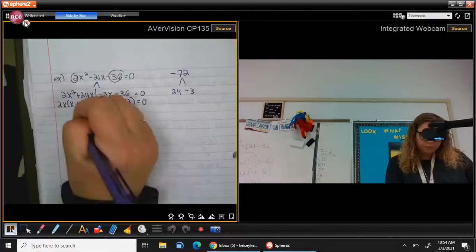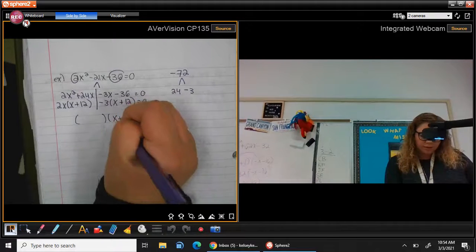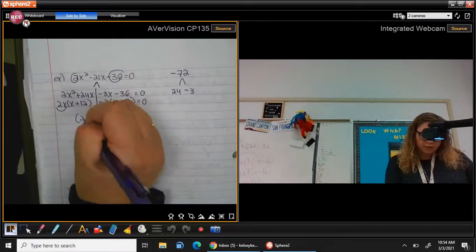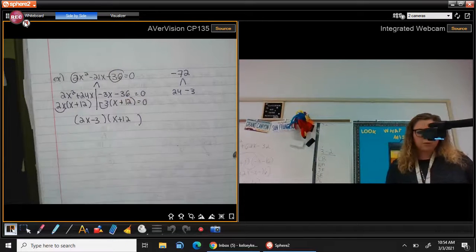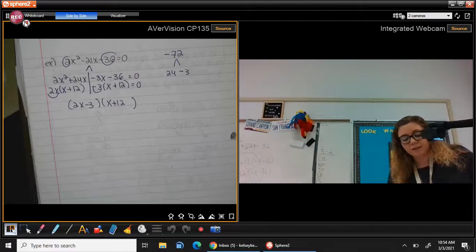So this stays in, and then my two outside ones. So that's going to be 2x minus 3. So I'm not done because they want me to find the solutions.